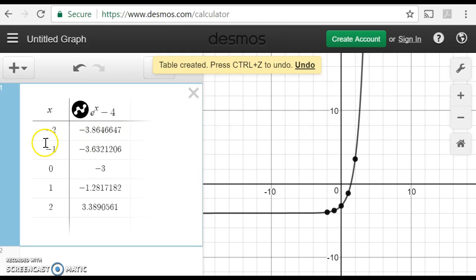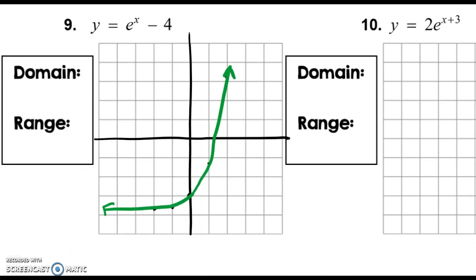And now you can see what the points are, if that helps you graph it better. The domain for this one is, remember, the x values. So for this one we would have all real numbers because it continues to go to negative infinity and positive infinity. And the range is only the y values that are greater than -4.